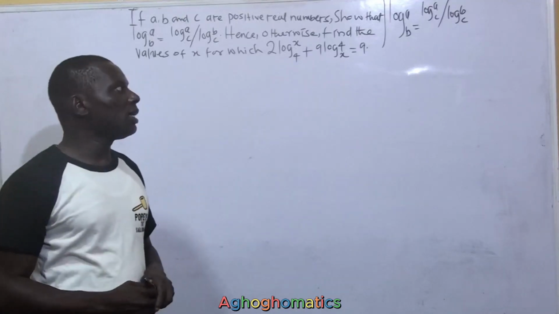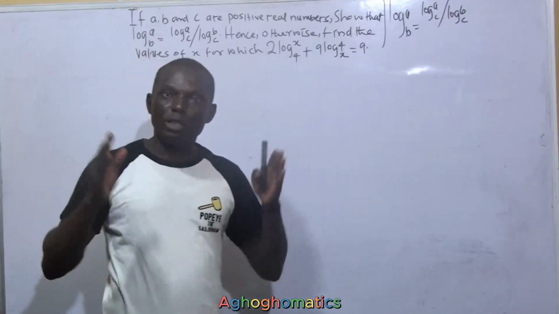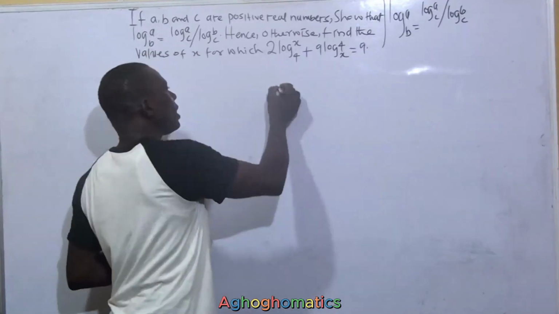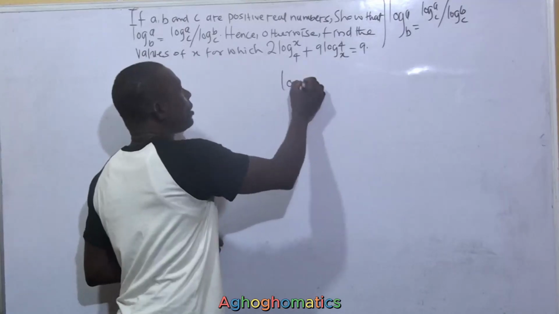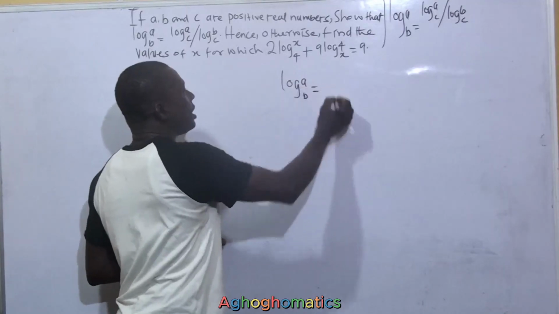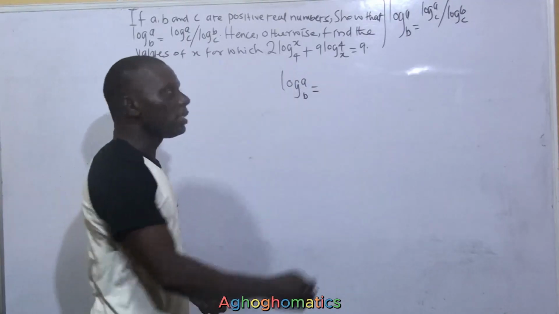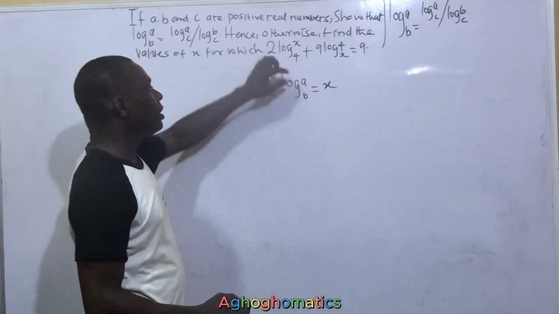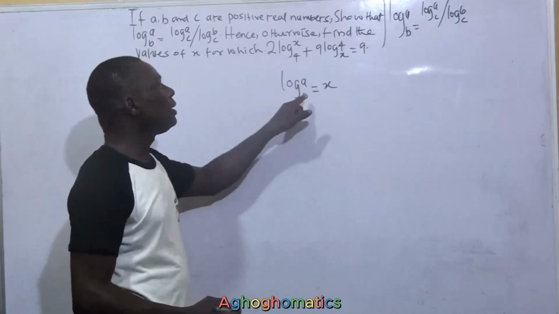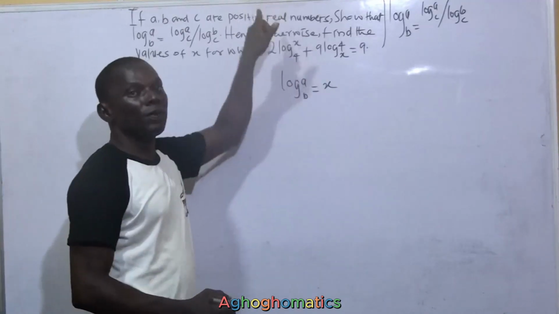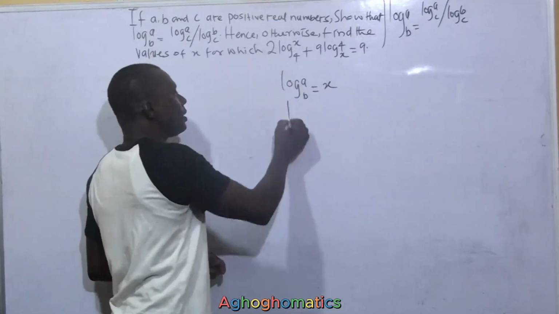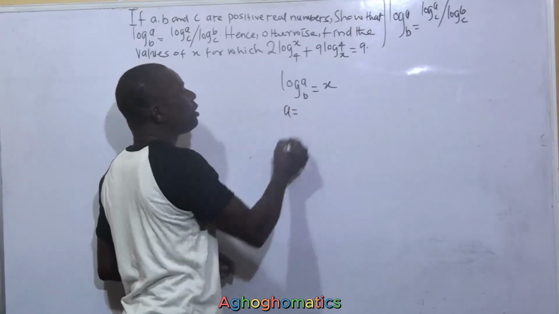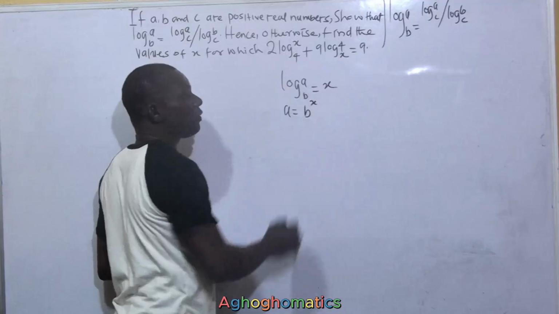In logarithm, the simple definition is that the logarithm of any number, for instance log A to base B, if it is equal to x, then from definition, the logarithm of A is the power to which its base must be raised to give A. So A simply means B raised to the power of x.